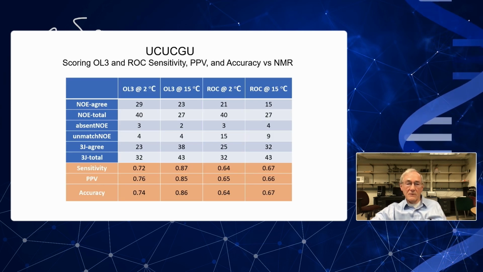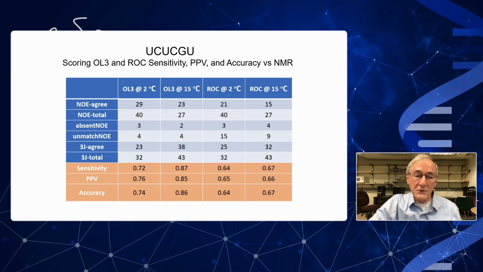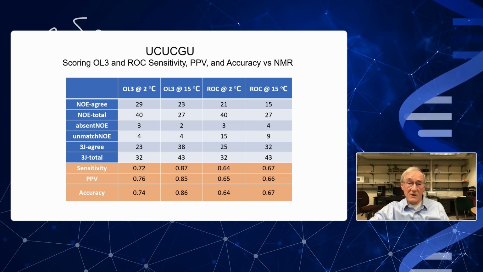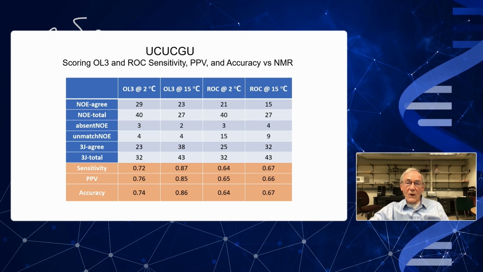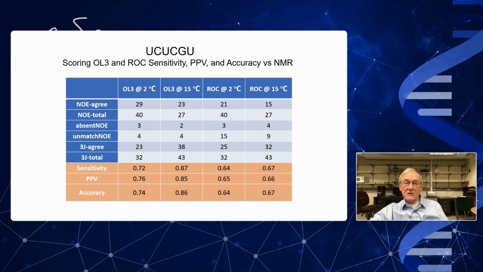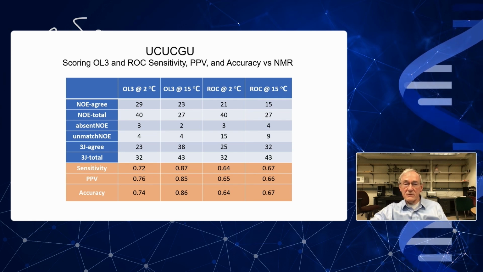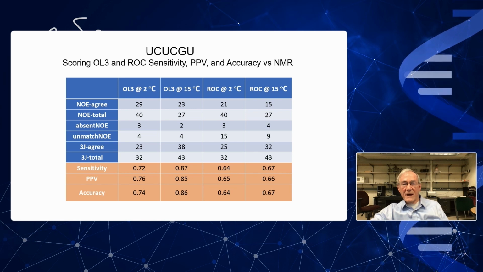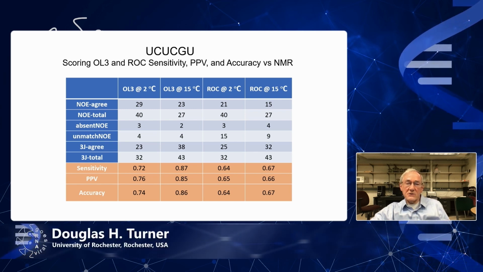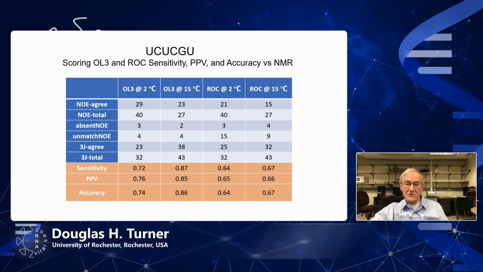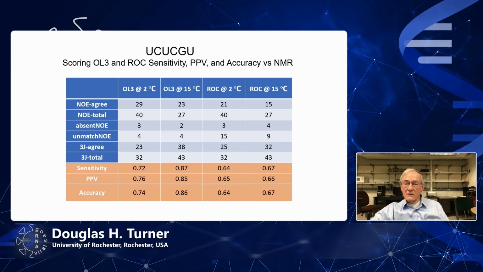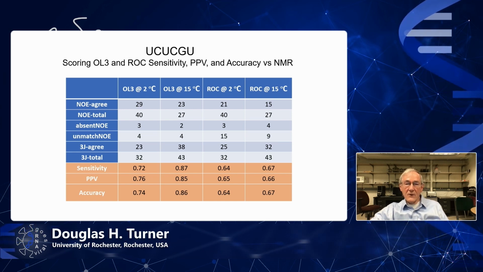I'll just refer you to the bottom line of this slide. And 15 degrees is the best comparison. That's because OL3 at 2 degrees has a GC pair, which we know does not exist in an NMR tube.